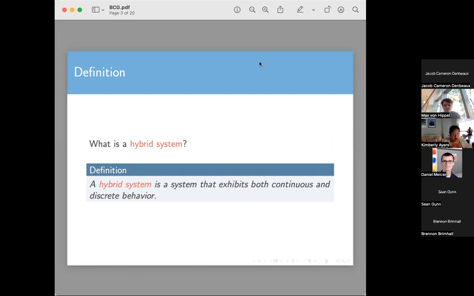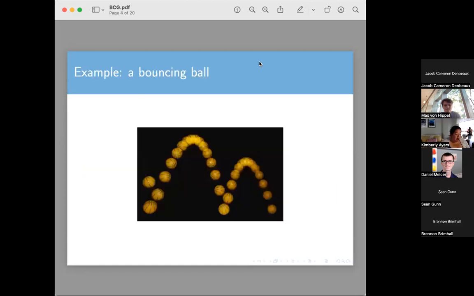And the very canonical example of a hybrid system that everybody talks about in an introduction to hybrid systems is a bouncing ball. If you imagine a ball that's bouncing, when the ball is in the air, everything changes smoothly and continuously, right?